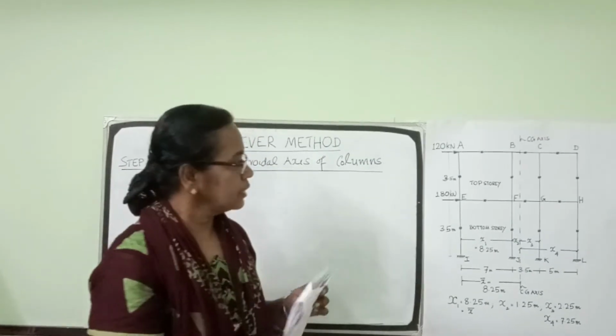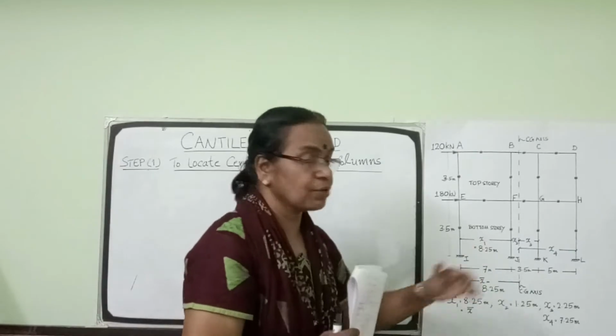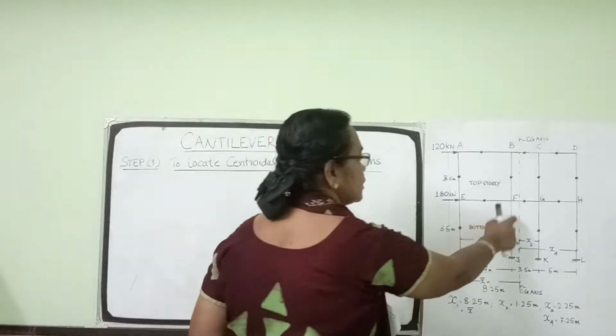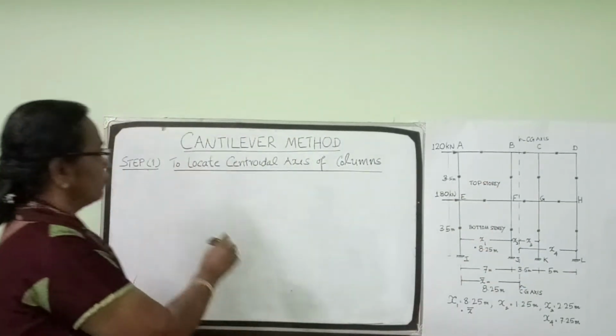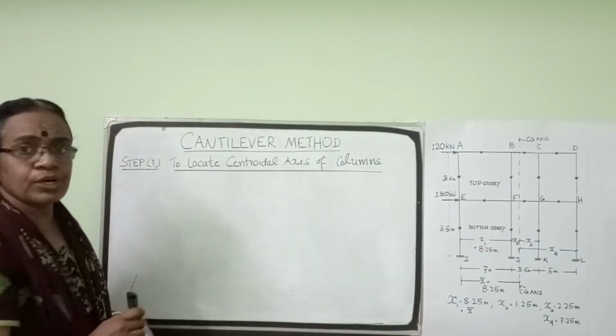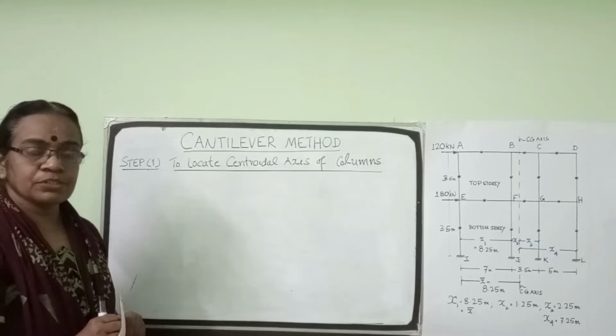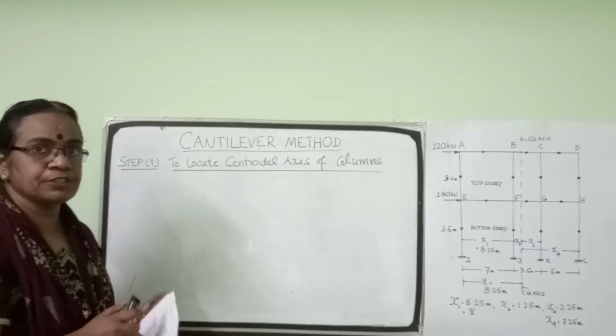So the stress in each column varies according to its distance from the centroidal axis. So the first step is to determine the centroidal axis of the frame.